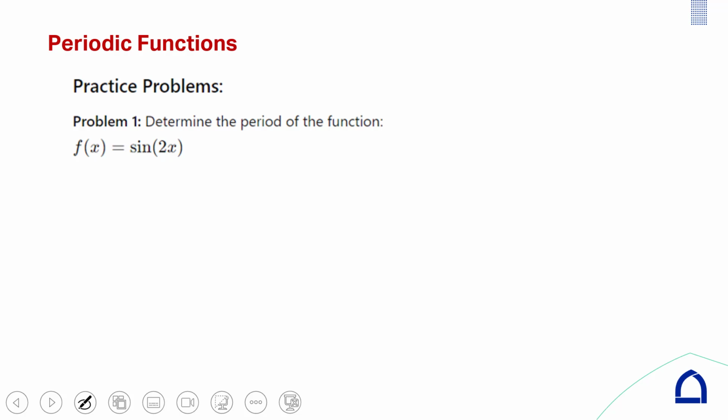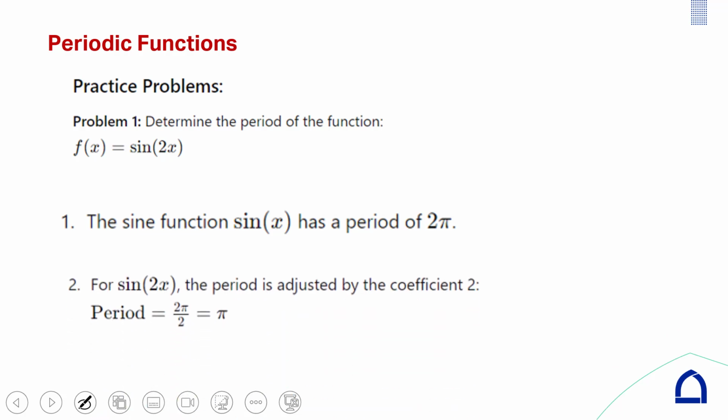Now, if you have f of x equal to sine 2x, how can you find the period of this function? We know the period of the sine is 2 pi, but sine 2x has a period equal to the period of the original function, sine x, divided by the coefficient here, 2. So the period of sine 2x will be pi.